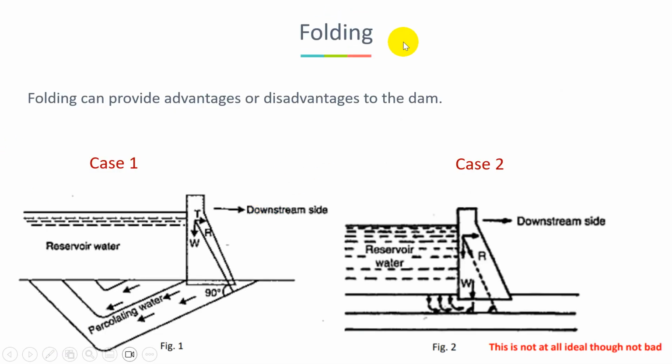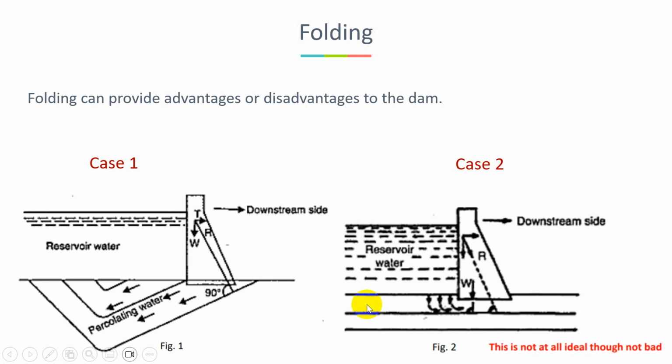And continuing to another structure, we call it folding. Folding can provide advantages or disadvantages to the dam. Case number one, when the folding location is in the reservoir, this is very good for the water storage, because there is no leakage here, and also for the dam stability.